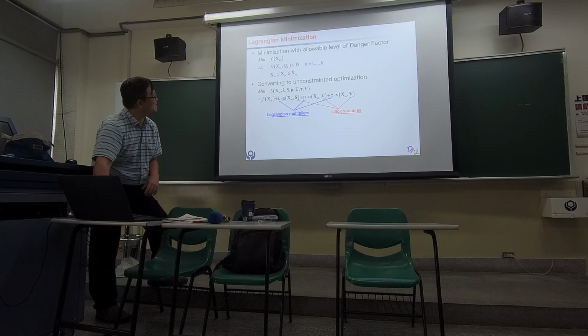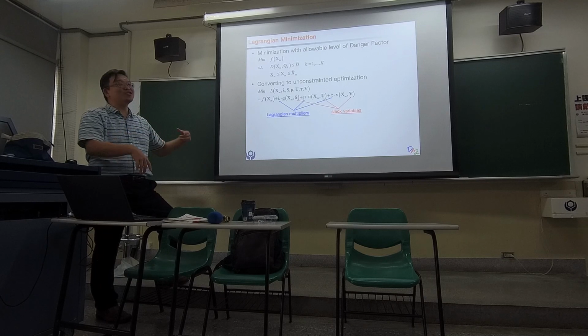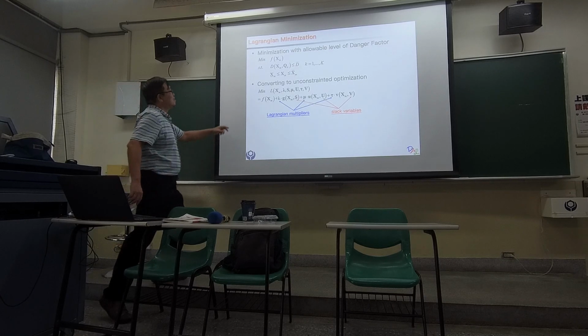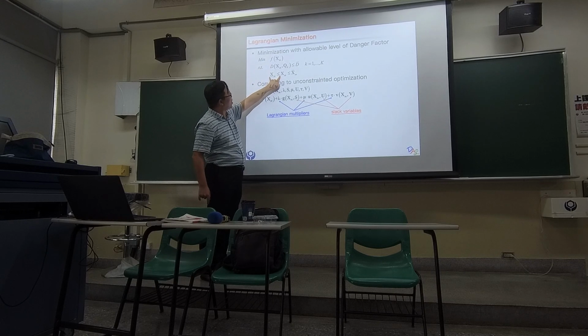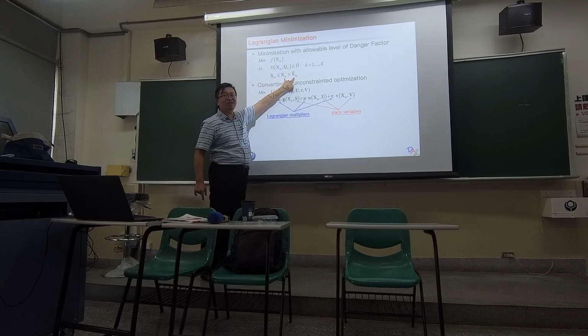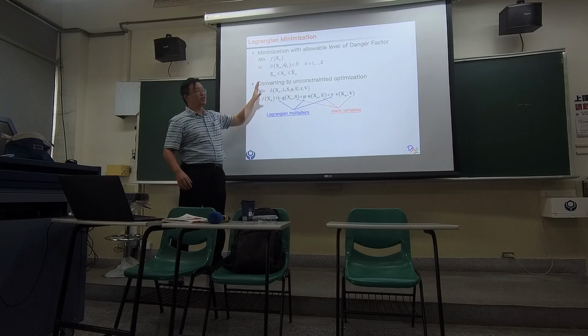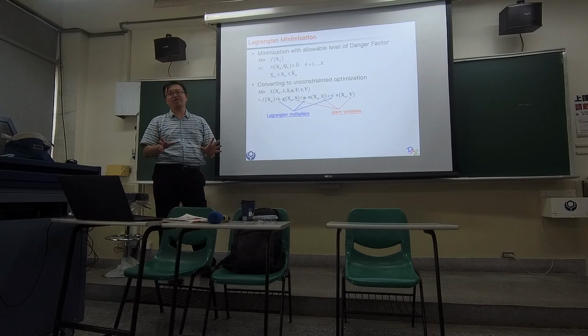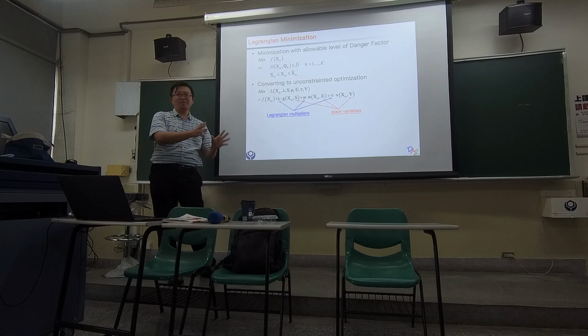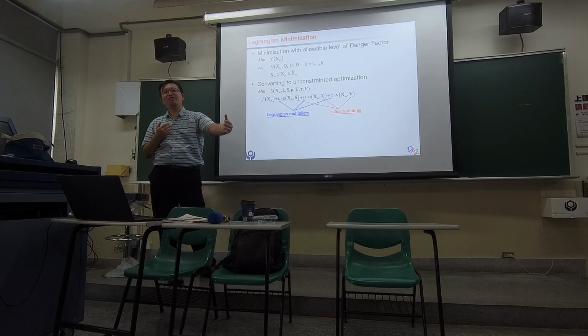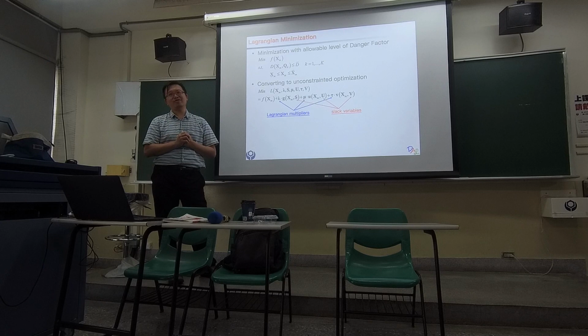There is something called the Lagrangian. This is the auxiliary function. This is a constraint function. This is actually one constraint function, and the other one is another constraint function. This is called a constrained optimization. It's difficult to solve constrained optimization.